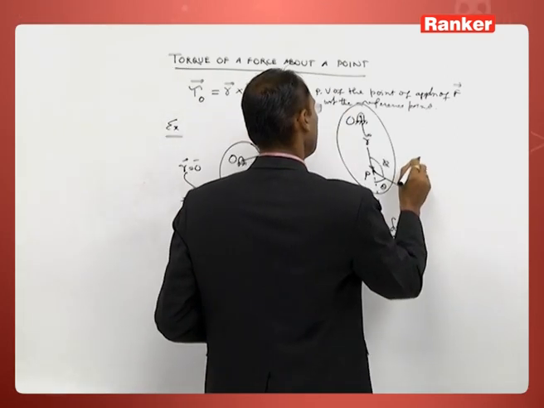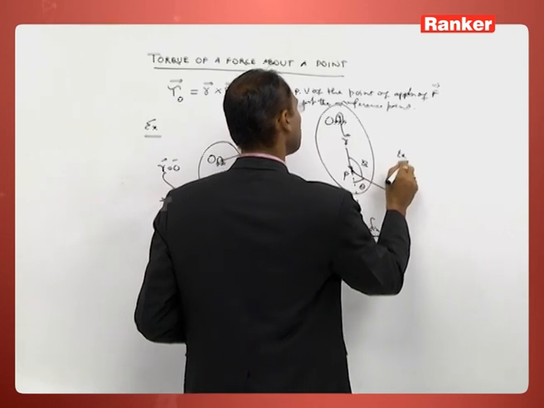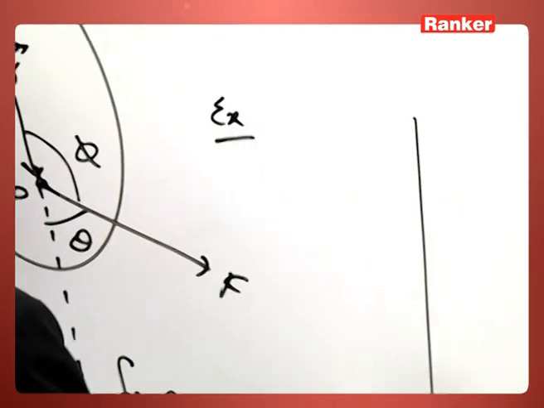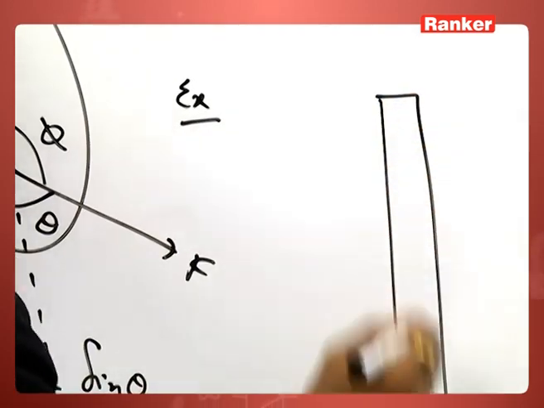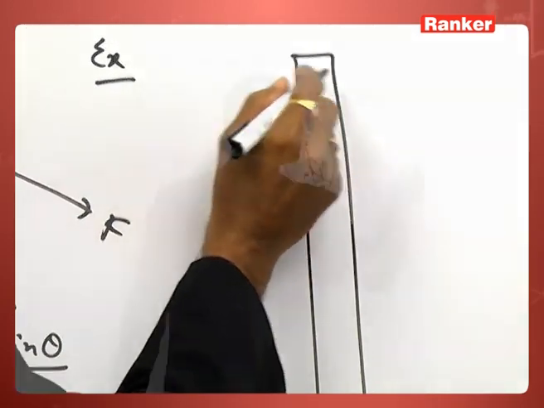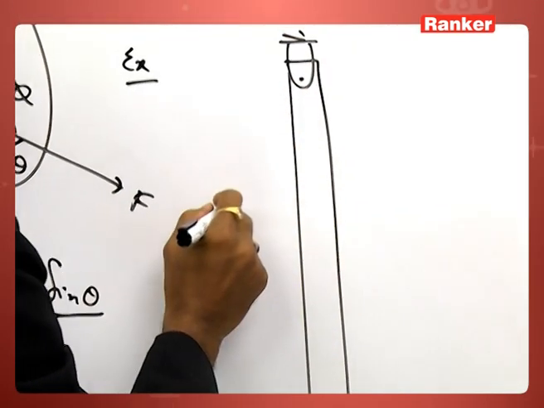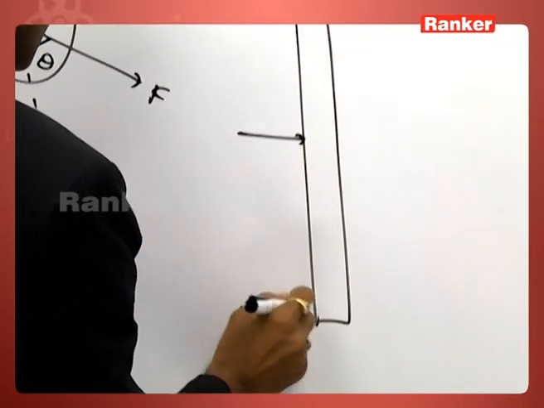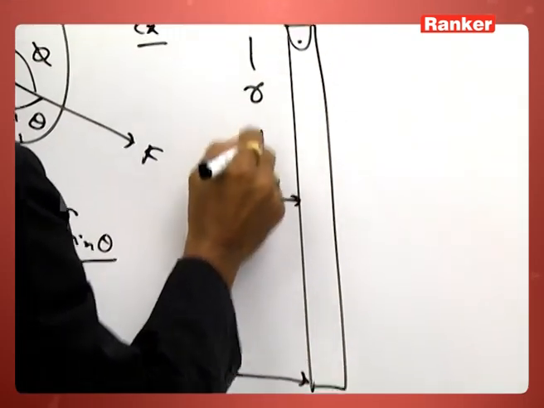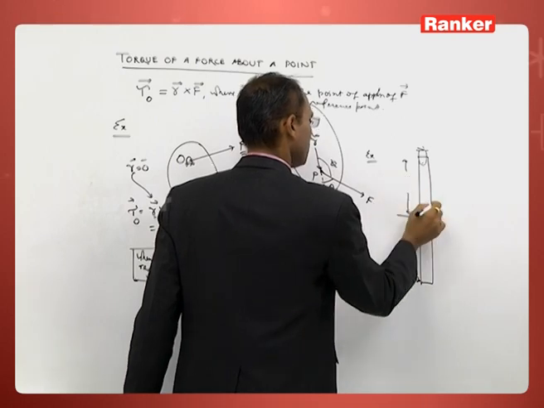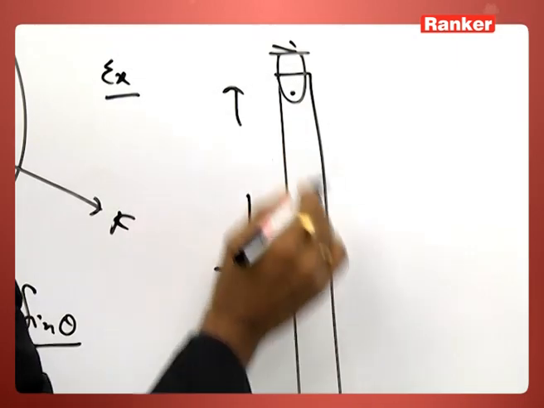Okay, let us take another example. This rod is hanging. You are applying the force here, you are applying the force here. This is say R, or you can take it as a midpoint.